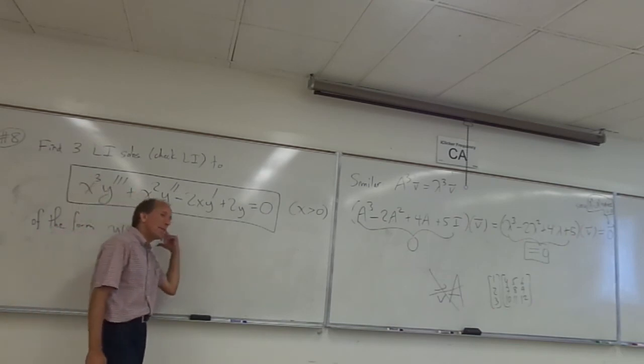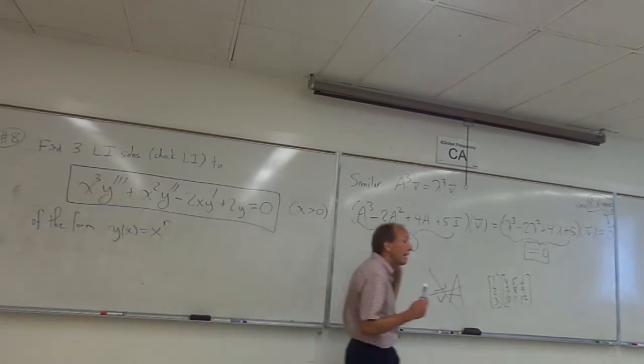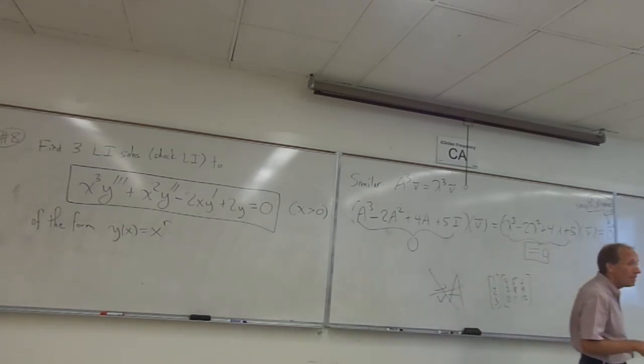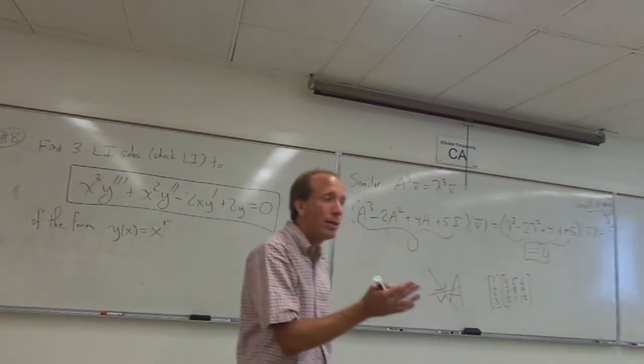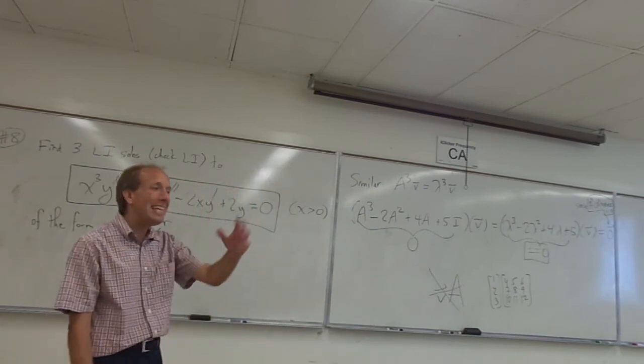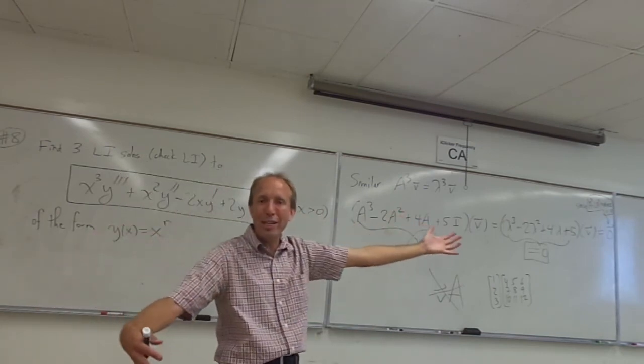And the reason I can still ask you this question, even though we never covered it, is because I told you what form for the solutions to use. Normally we use e to the rx, right? That's the one we use whenever we have a constant coefficient differential equation. We use e to the rx, get our auxiliary equation, and go from there.